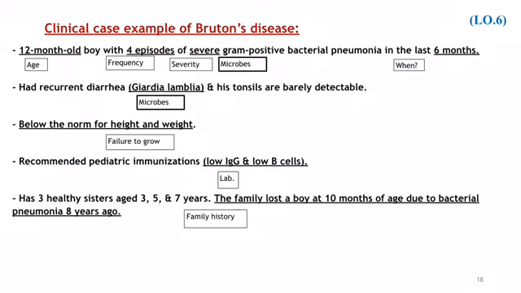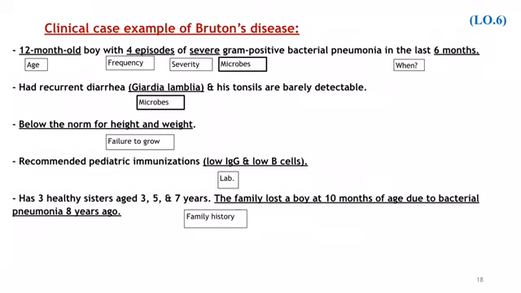Now he had recurrent diarrhea and the lab investigations showed the microbe is Giardia, and his tonsils are barely detectable, meaning it is hard to feel them when you examine his tonsils. He is below the norm for height and weight, meaning failure to grow. He has failure of growth and has not reached the normal rate.